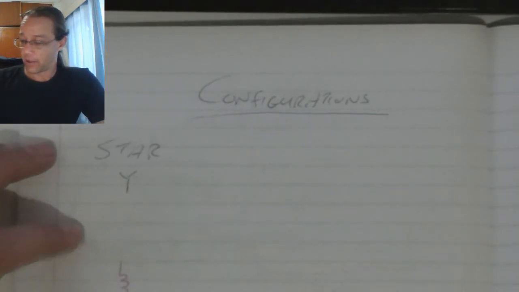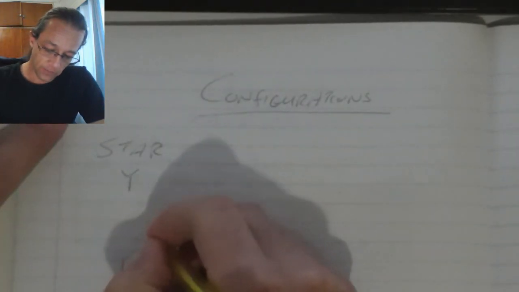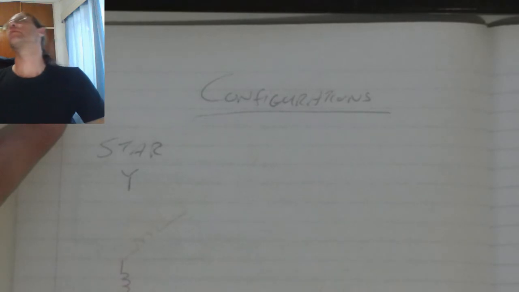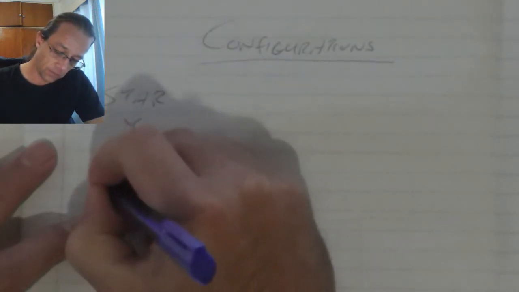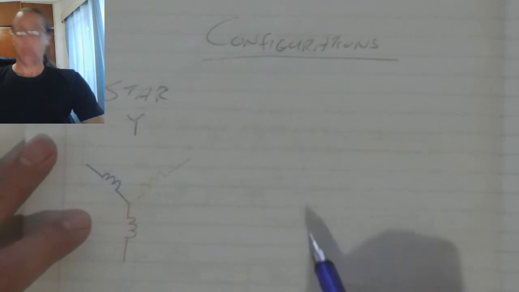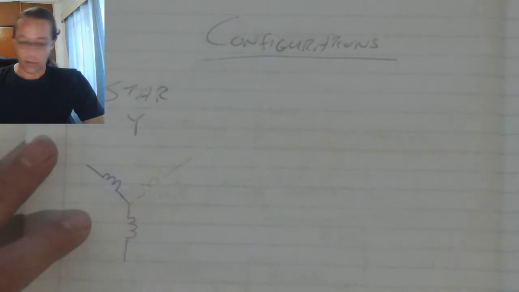Here's our first phase, second phase, yellow, and our third phase is blue. Now we can see from this configuration it represents a Y, and that's where the symbol comes from.